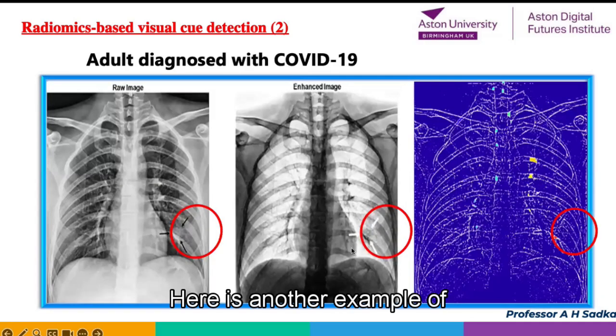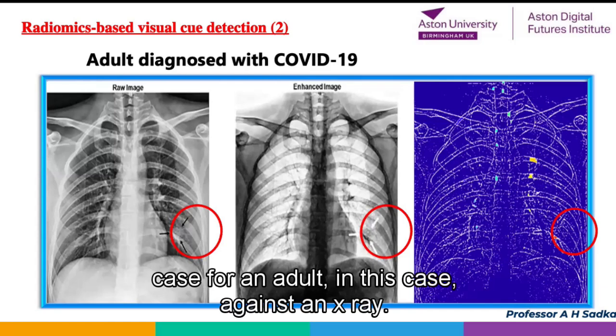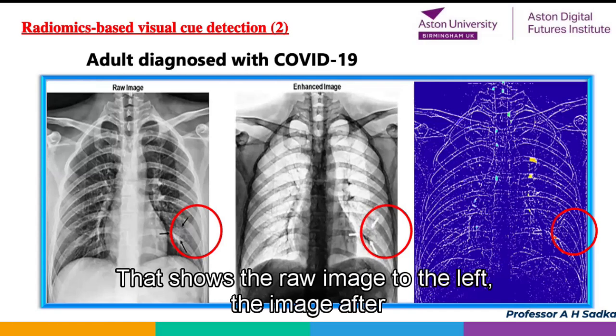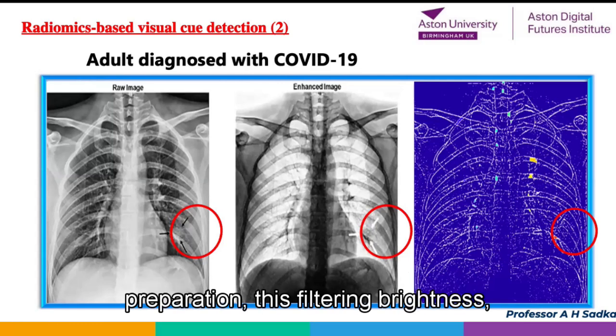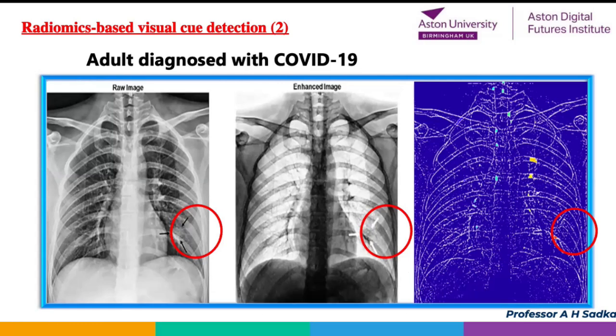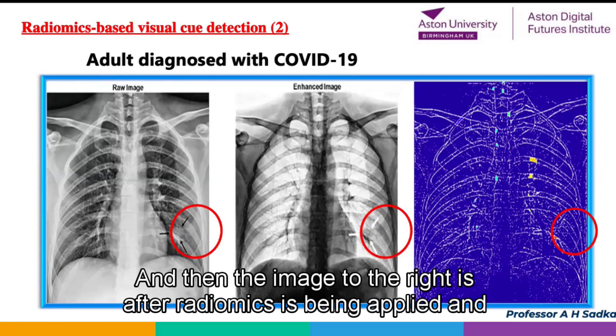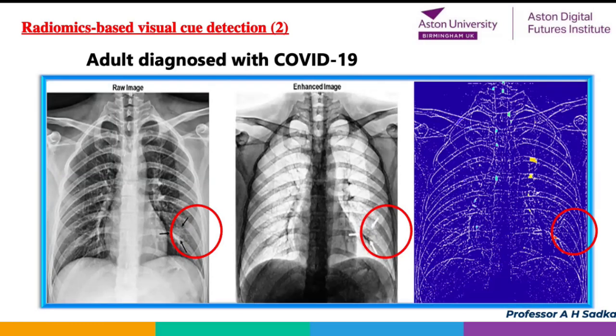Here is another example of a COVID-19 case for an adult, in this case an X-ray that shows the raw image to the left, the image after improvement, preparation, filtering, brightness enhancement, contrast enhancement, etc. And then the image to the right is after radiomics has been applied and visual cues have been identified.